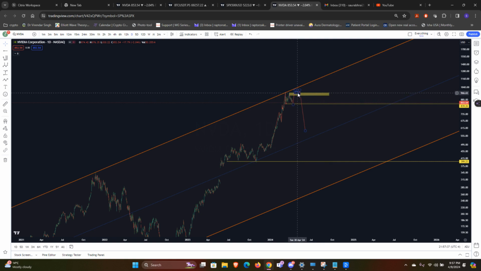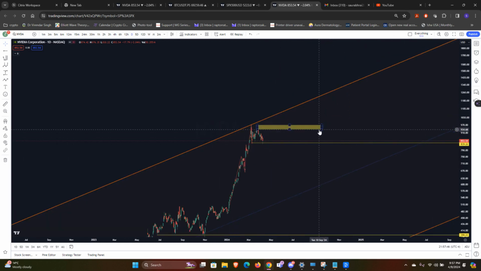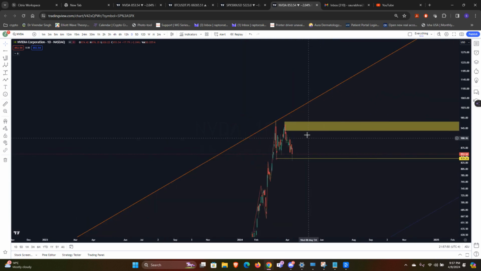So for shorts, I am looking into this zone right now. So if we go up from here, hit this zone, and start changing some local market structure on lower time frames, let's say 15-minute or hourly, then I will definitely look for shorts in this zone and take it as long as we don't again change the market structure to bullish.